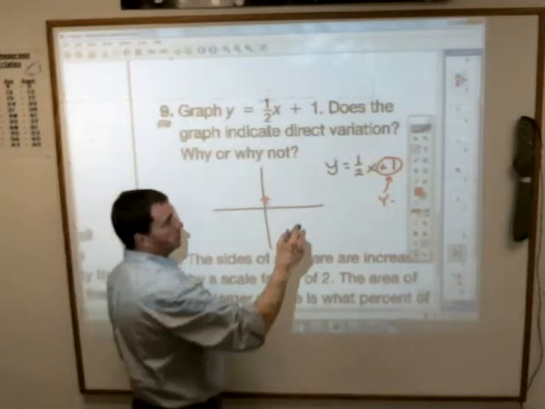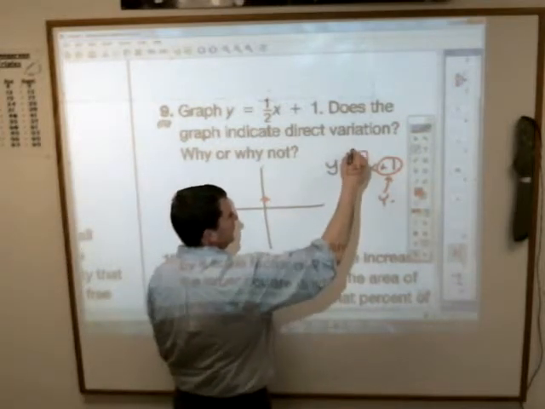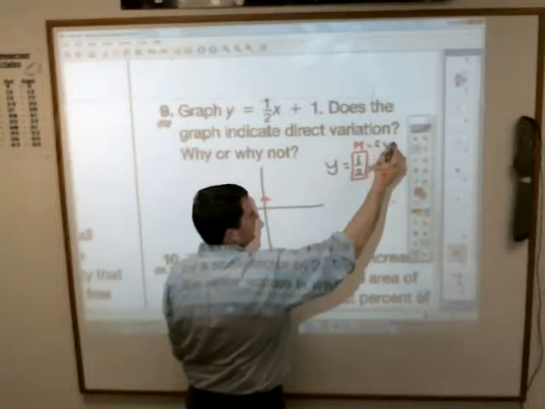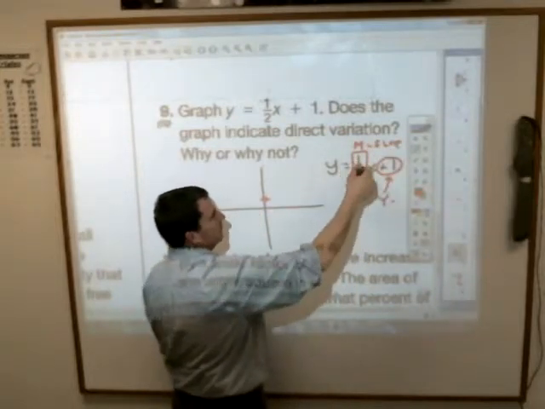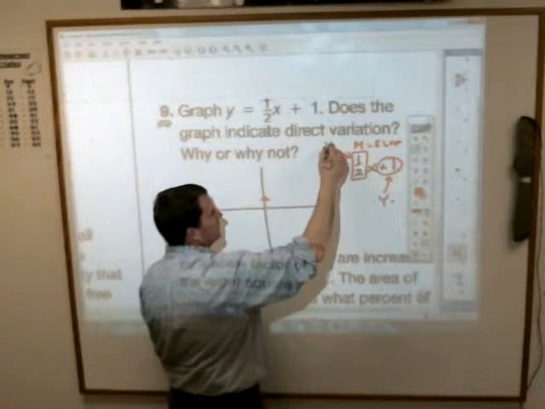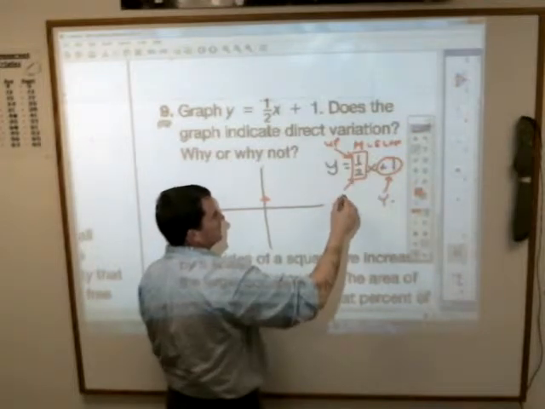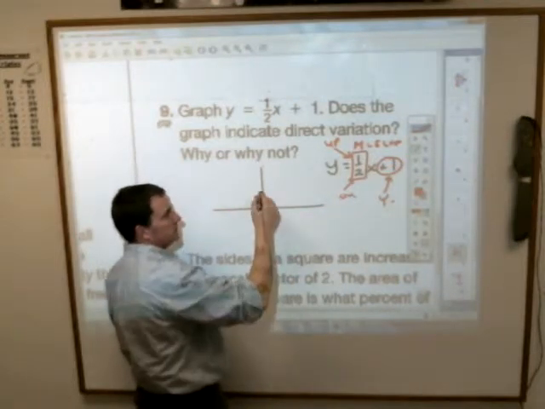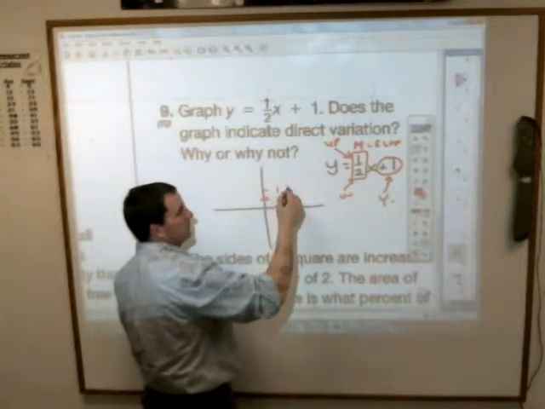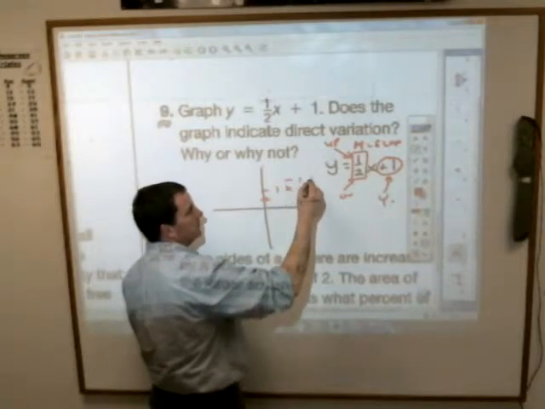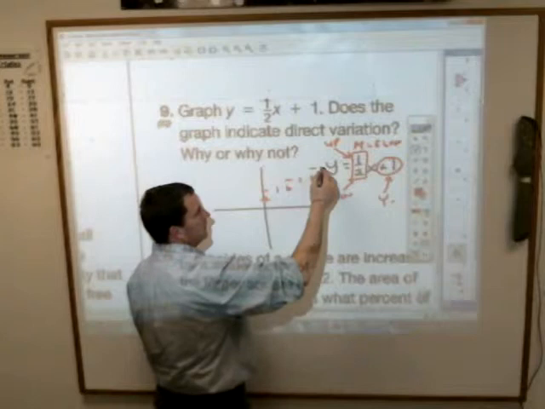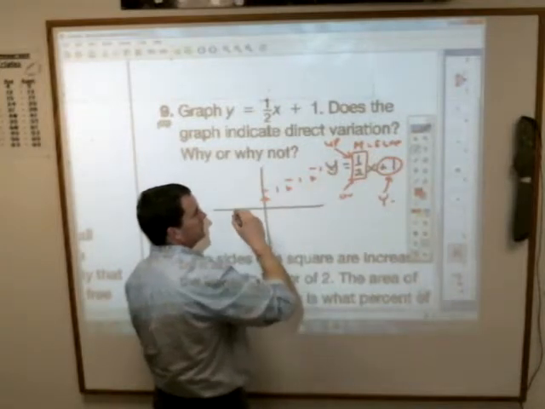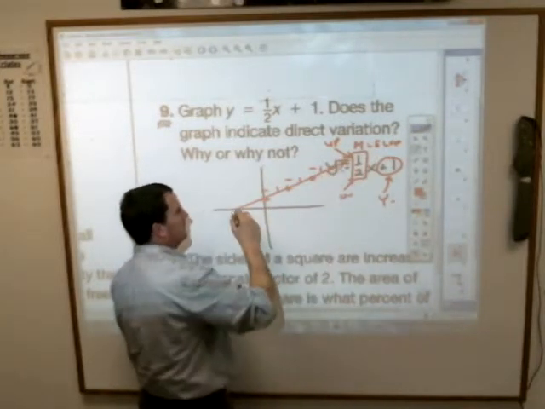And then the second thing you look for is this 1/2, which we call the slope. The slope is, top number is how far up it goes, second number is the over number. And it's positive, so it's going to go up 1, over 2 this way, up 1, over 2 this way, up 1, over 2 this way. And then your line's going to end up looking like that.